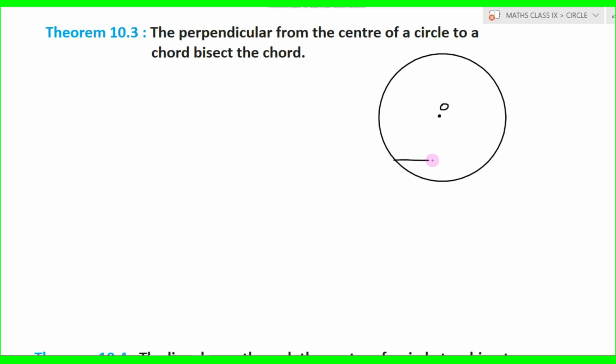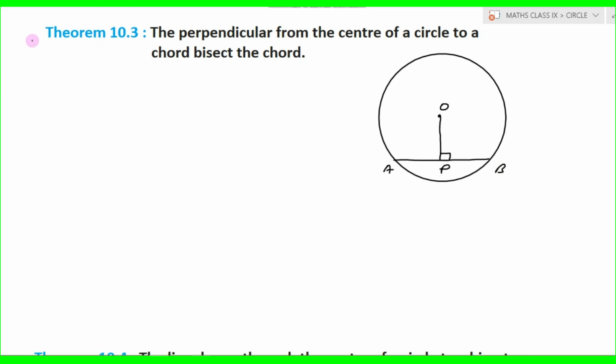Let a chord AB be given, and the perpendicular from the center O to the chord, meaning from the point O we draw a perpendicular line to the chord AB. Let this point be P. So here OP perpendicular to AB is given.